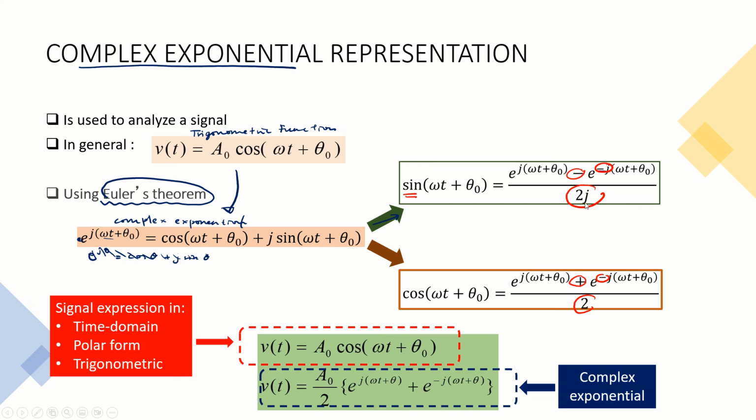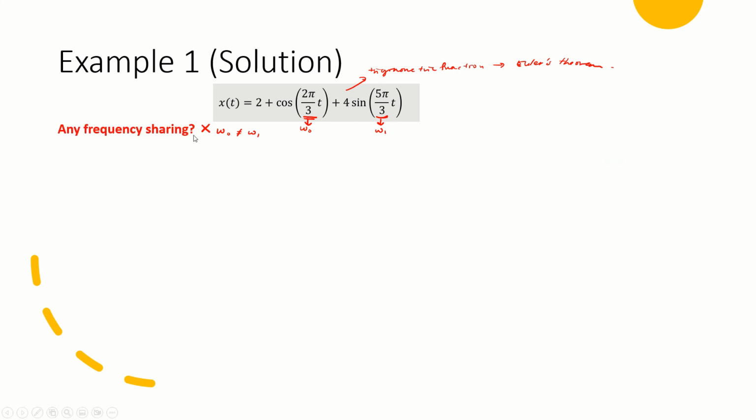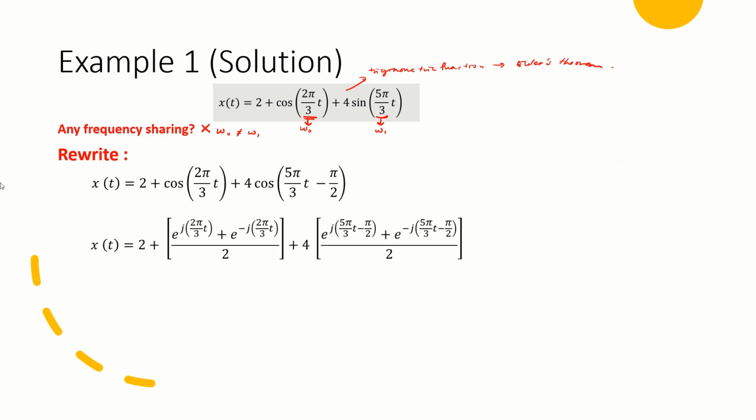You have to consider 2j for the whole of your calculation later on. So instead of converting cos into sine, the easiest way is to convert sine into cos, because with cos there's no 2j. It's only divided by 2, right? So how to convert that?